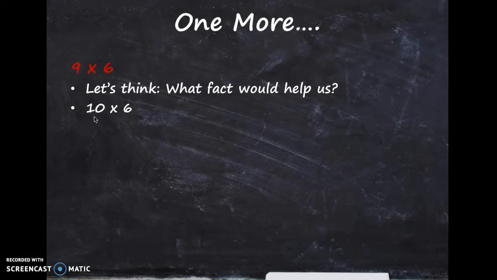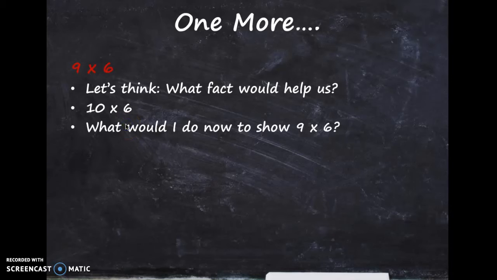Now let's see if you can solve the rest of the problem using the 10 take away 1 strategy to solve for 9 times 6. How would I show 9 times 6?